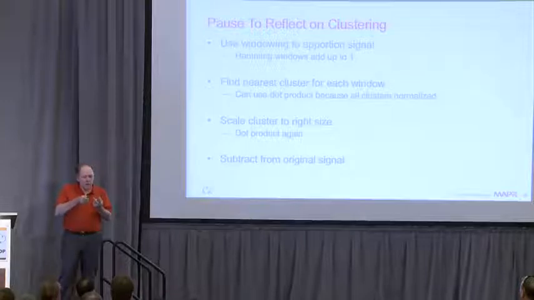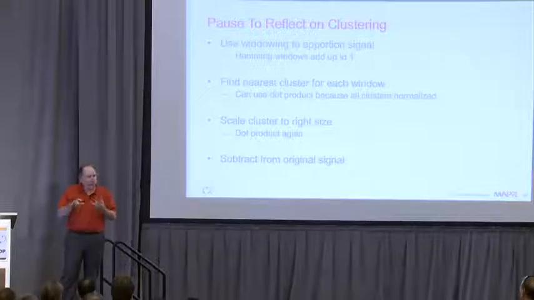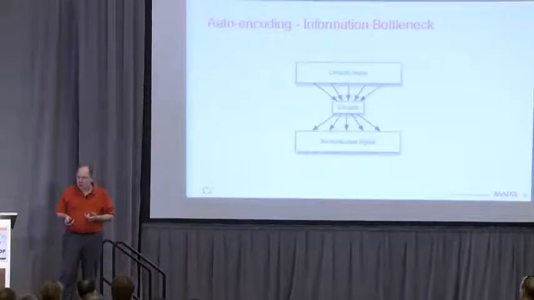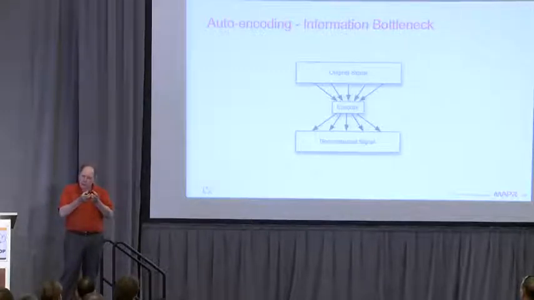And we need to scale the cluster to the right size. What's the right size? The right size is, again, that dot product. So we've got a really pretty simple mathematical system. And in fact, we have what's called an autoencoder. It is compressing that original signal down into a very, very few number of bits, and then it's re-expanding it.